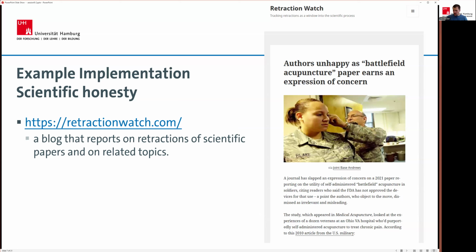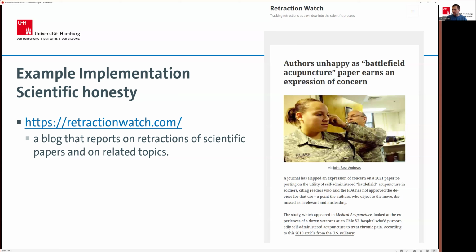One non-for-profit scientific organization that does this is an initiative called Retraction Watch. They have a blog, retractionwatch.com, that reports, summarizes, and lists all sorts of retractions of scientific papers and related topics.